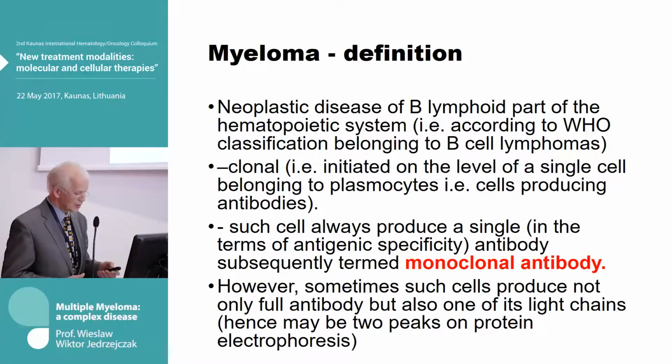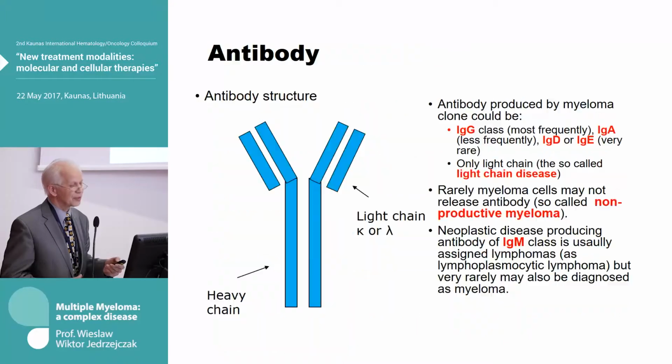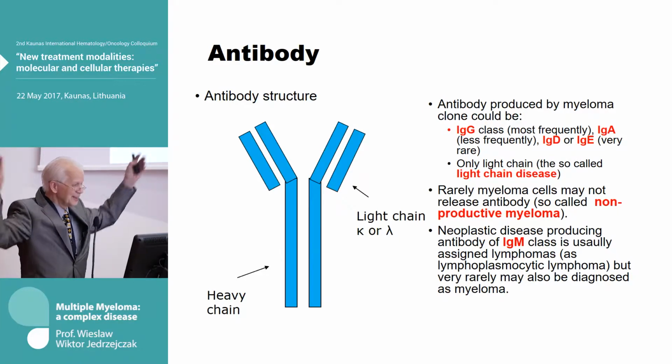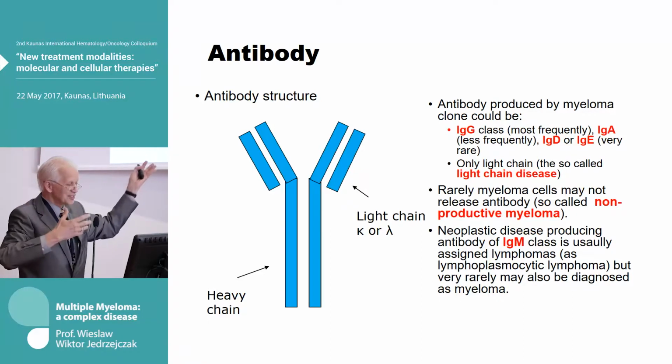And sometimes there is production of both full antibody and only light chains. This is quite interesting because on protein electrophoresis there are two peaks of protein, which does not mean that this is a biclonal disease, but the same clone producing these two products. And just to remind you, an antibody looks like the letter Y, and these are the so-called heavy chains, and they are adjacent to its light chains.